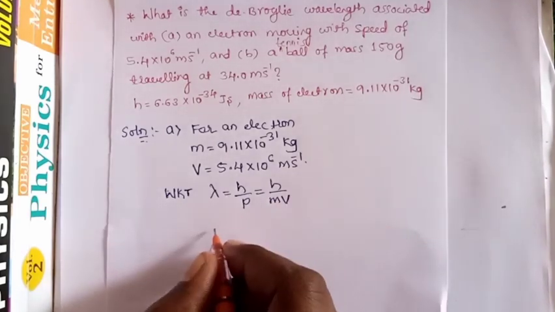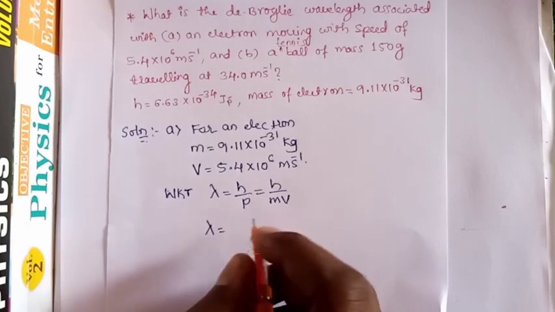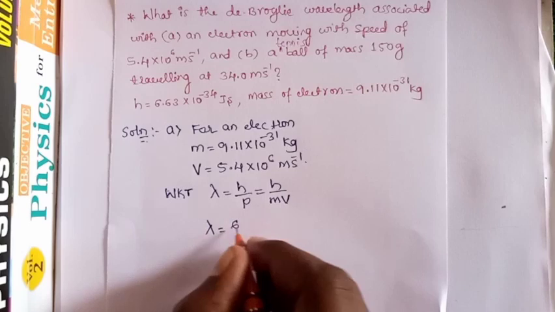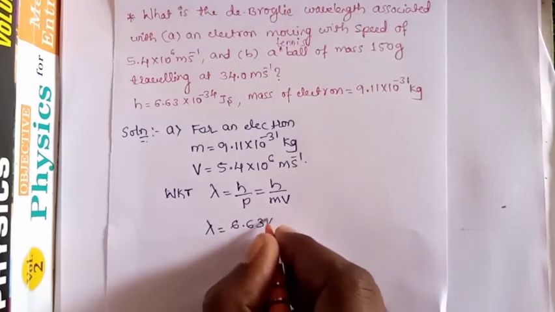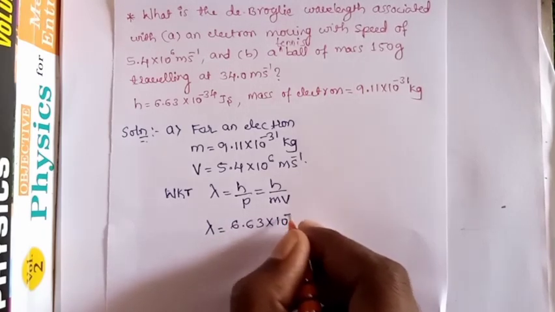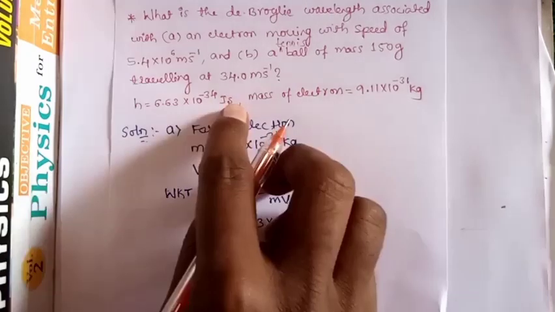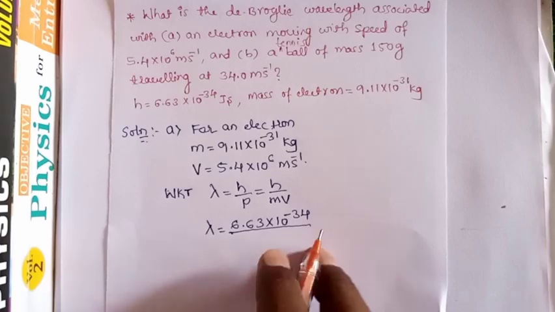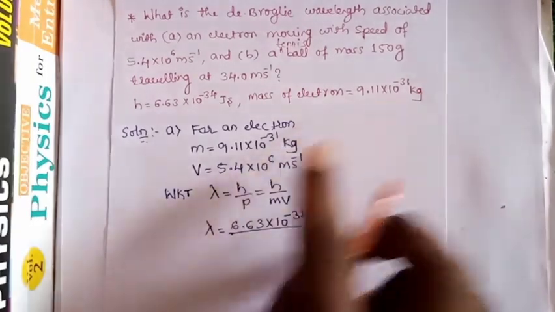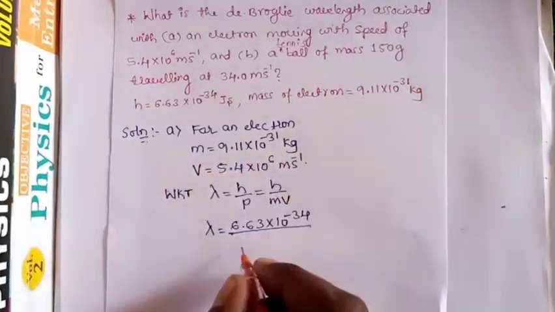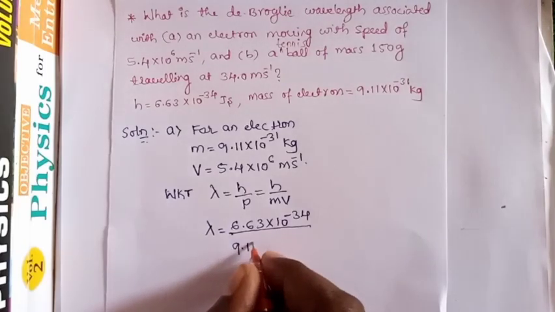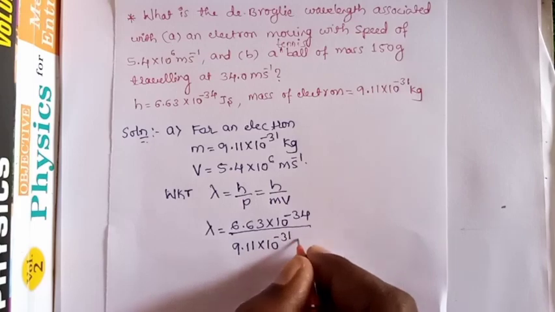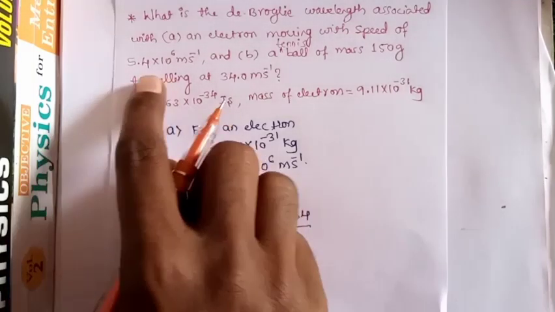Then by putting the values, what is the value of h given? That is 6.63 × 10^-34 joule second, divided by the mass of the electron, that is 9.11 × 10^-31, and the velocity of the electron, that is 5.4 × 10^6.